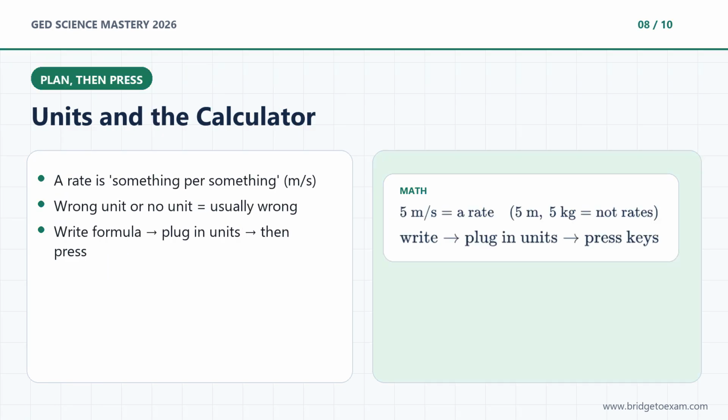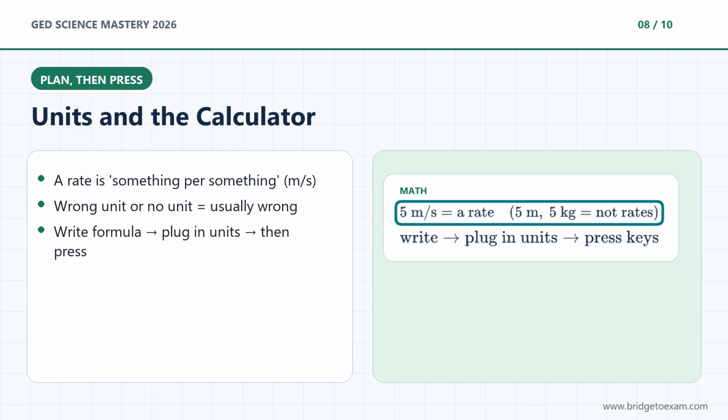Two habits will save you more points than any single formula. First, units. If the answer is a speed, the unit must be a distance over a time, like meters per second, not just meters. A bare number or the wrong unit is usually marked wrong. Ask which of these is a rate: 5 meters, 5 kilograms, or 5 meters per second.